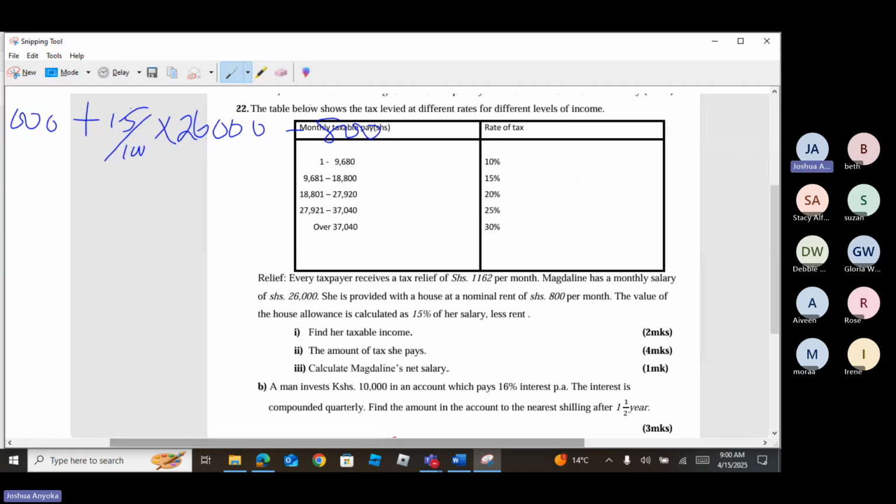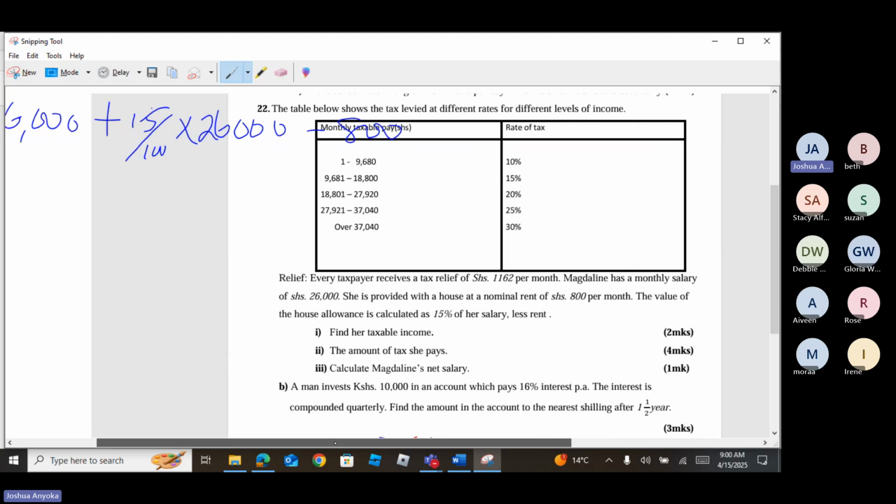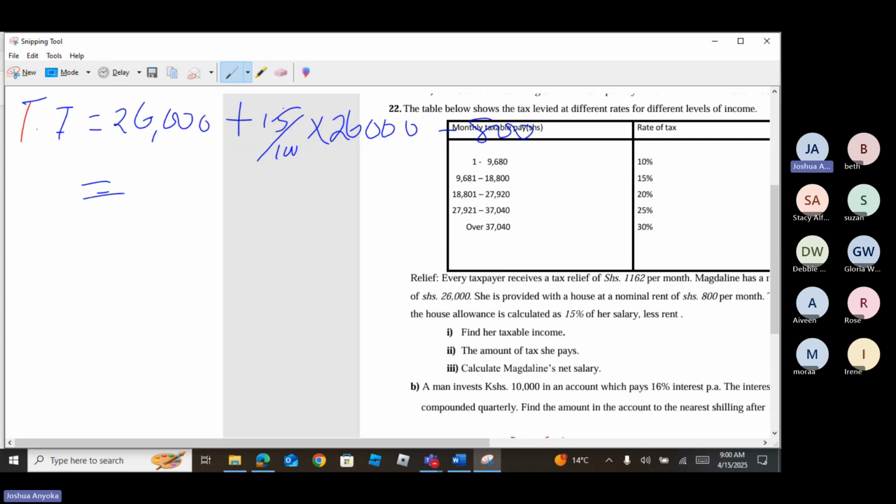So this person is only earning 26,000. She is housed by the employer, where she pays a nominal rent of 800 shillings. So we stop at that level. This one gives us 29,100.